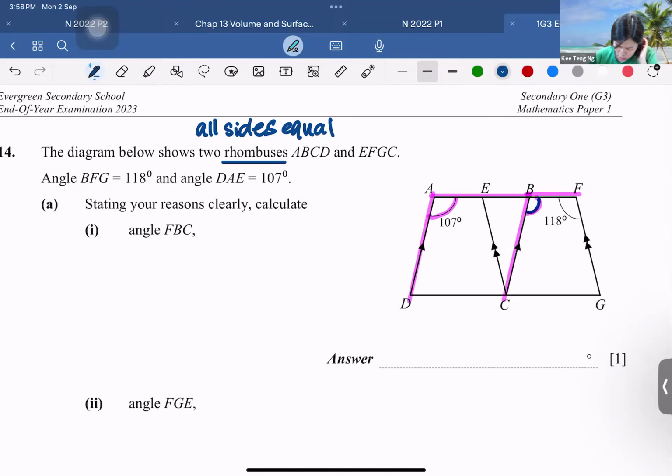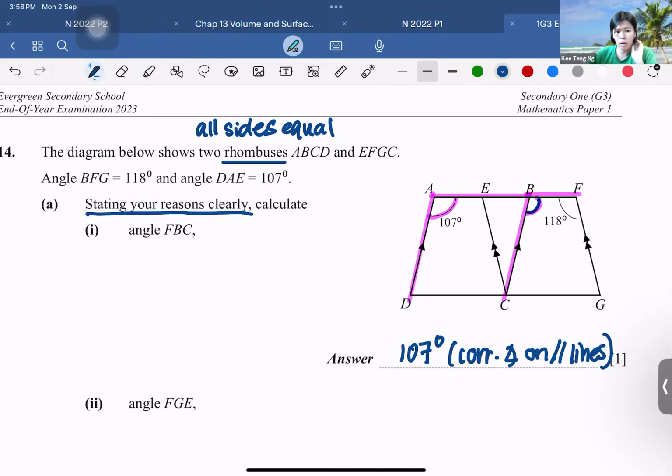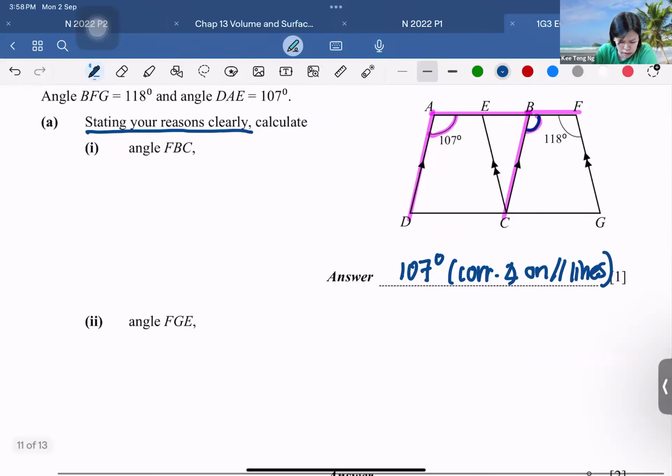So the answer will be 107 directly, but the question says, stating your reasons clearly, so please write inside a bracket: corresponding angles on parallel lines. Write the reason. So if I already know that this angle over here is 107, I'll be able to calculate this angle as well.